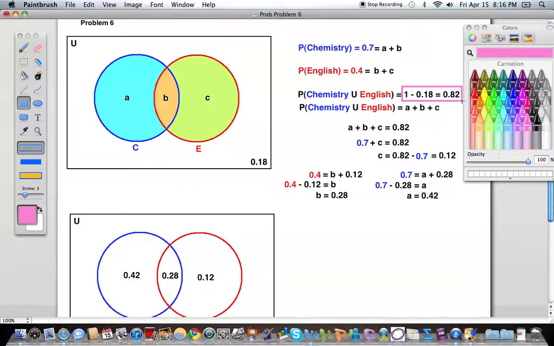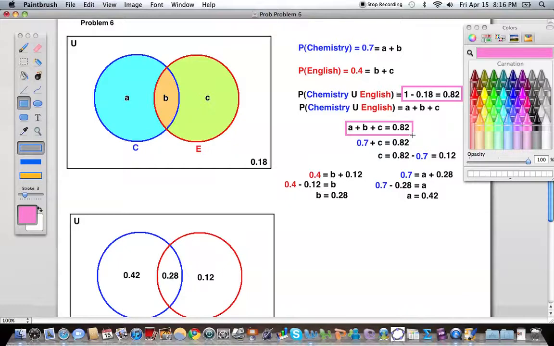So the probability that a student is taking a course, either chemistry, English, or both, we find that to be 82 hundredths. 1 minus 0.18 equals 0.82. This is going to be the probability of a student in chemistry or English, which we can see here, A plus B plus C.